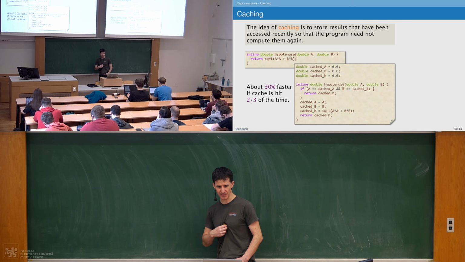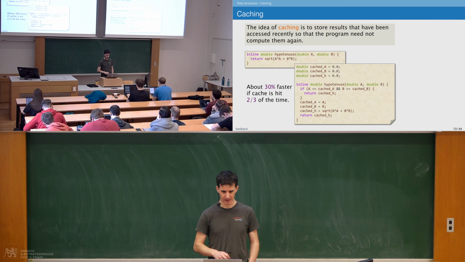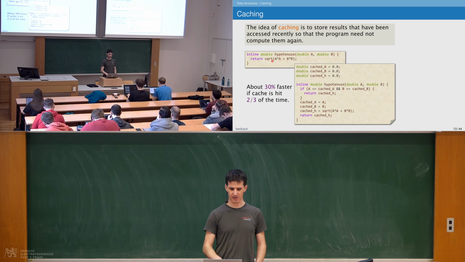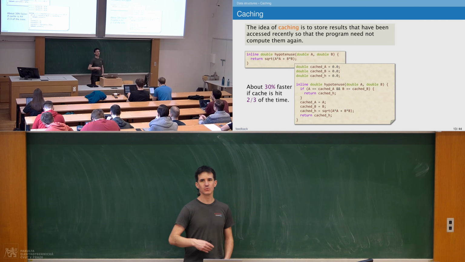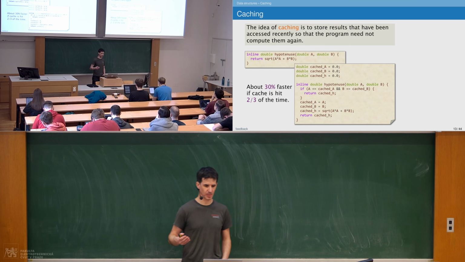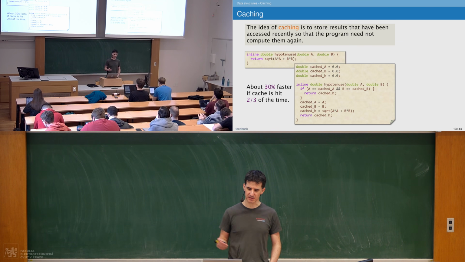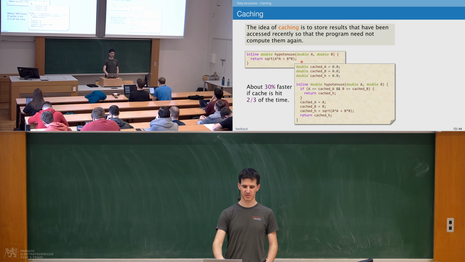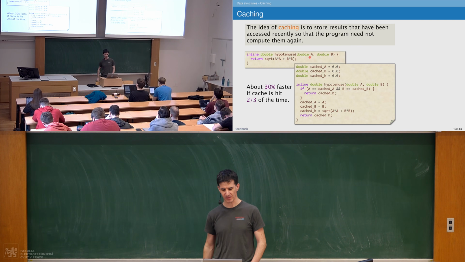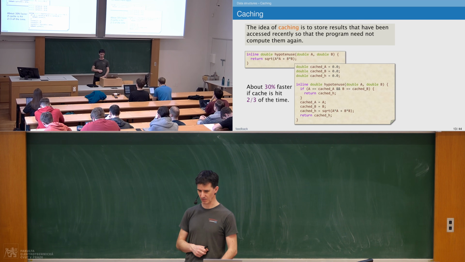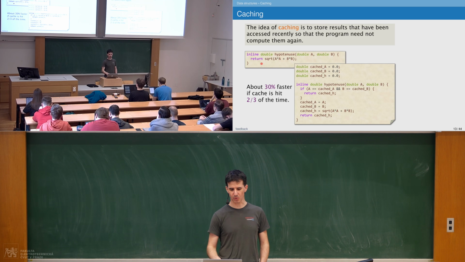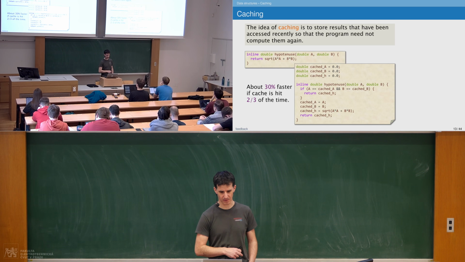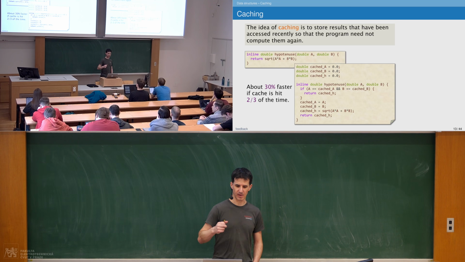So, for example, here is a function which allows you to calculate the hypotenuse of a triangle. You specify the length of two sides of the right angle triangle, and you calculate the hypotenuse value.